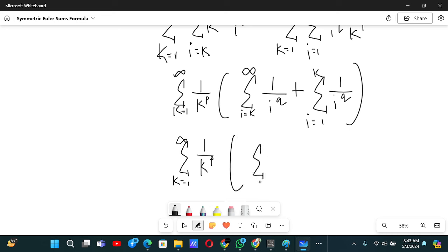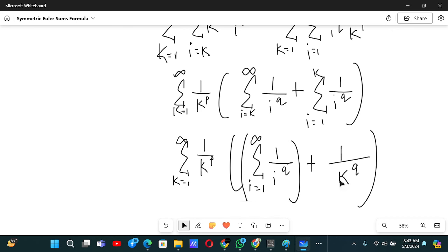the sum from i equals 1 to infinity of 1 by i to the power q, and plus there is one extra term, that is 1 by k to the power q.